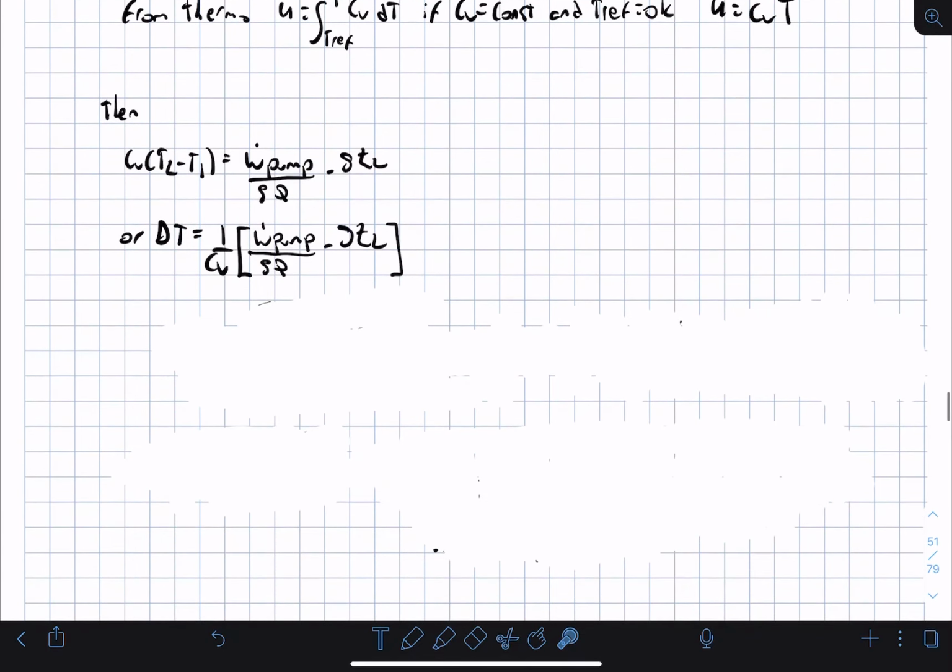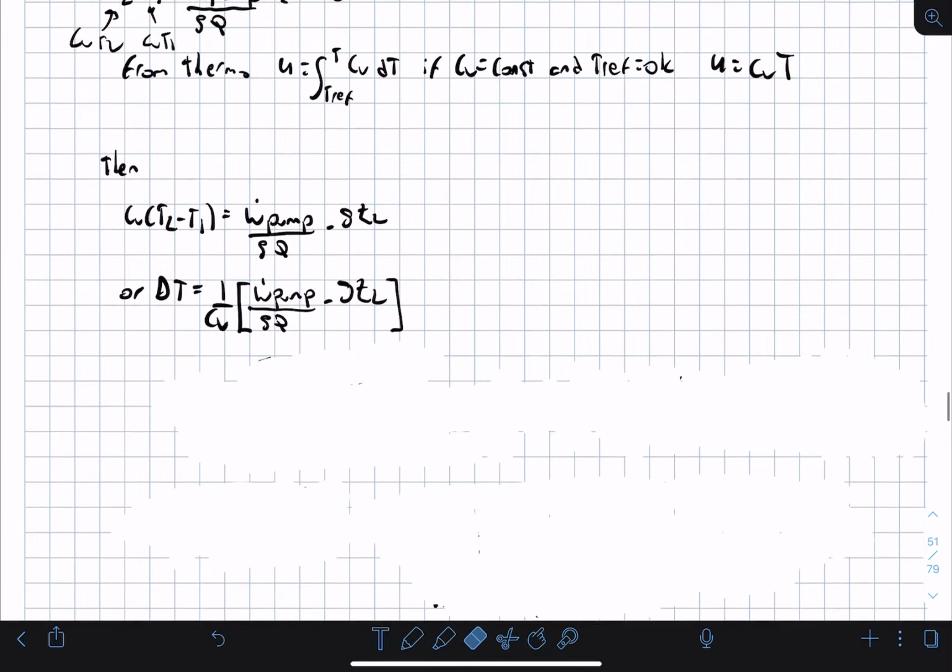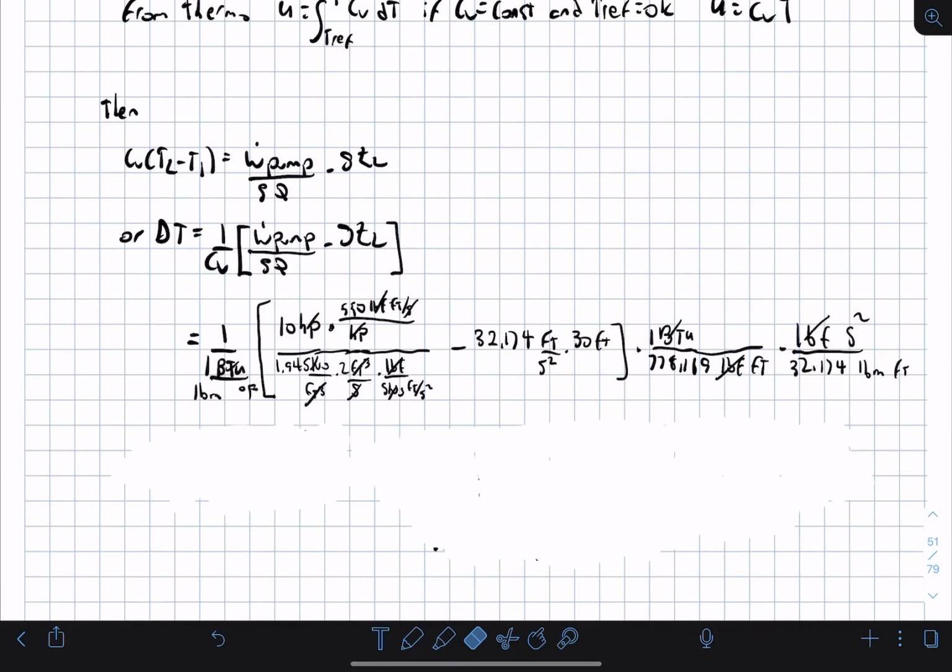So now if I grab the specific heat for water and punch in the numbers we are given for the pumping work and the flow rate and all that, this looks like a mess, but it's not that bad. You just need to keep very close tabs on all the unit cancellations. Again, this is part of why I like doing them on the fly in the calculation, because different terms will have different conversion factors.